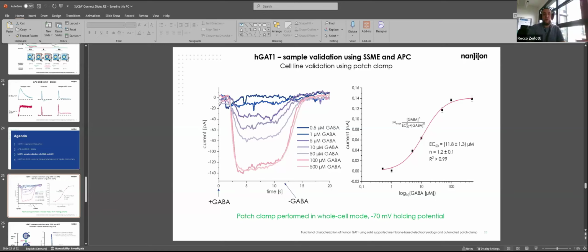Again, you need to have a lot of protein to detect it with patch clamp, because the transporters are slow, and patch clamp works well with faster channels, but for things as slow as transporters, for now, solid supported membrane is better. But further development could happen, and it would be nice to see that happening.